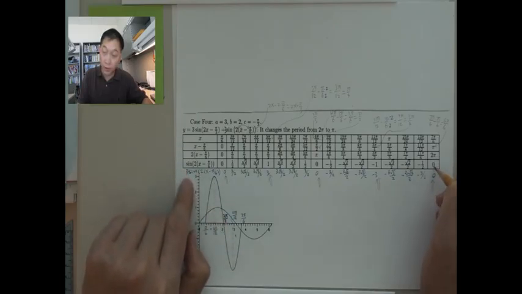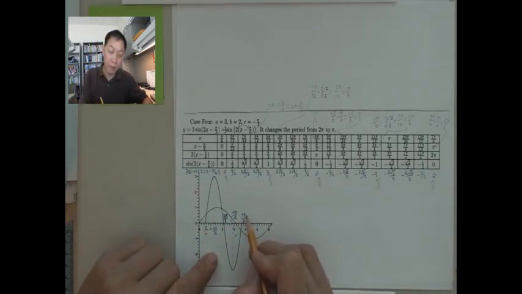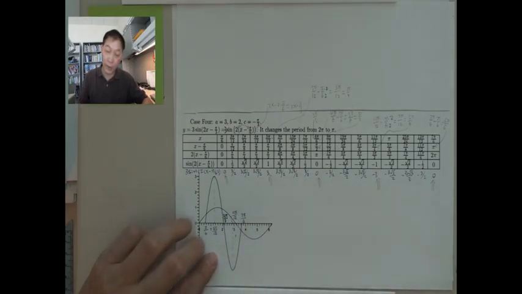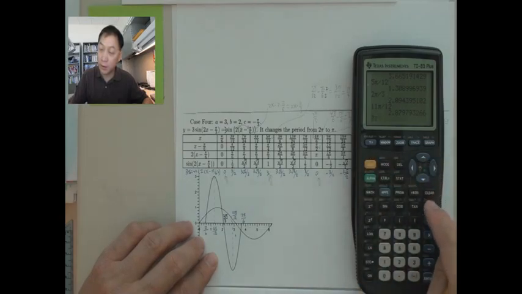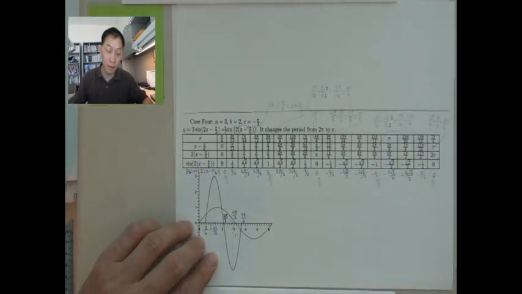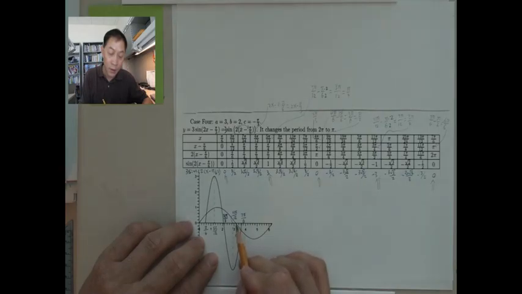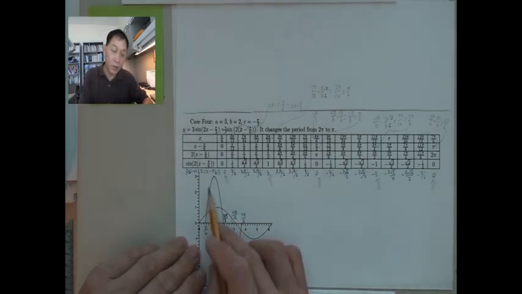Times 3, still 0. Okay? So 7 pi over 6. Again, you can calculate. Okay? So 7 pi over 6 is 3.66, so close to 3.7. Okay? 3.2, 3.4, 3.6, close to 3.7. 7 pi over 6, down right here. So the picture goes like this.